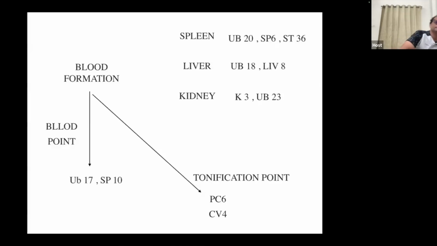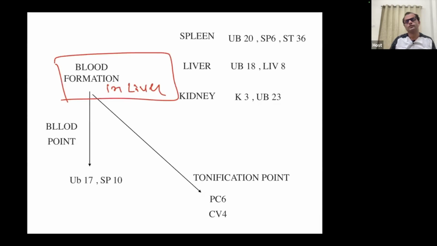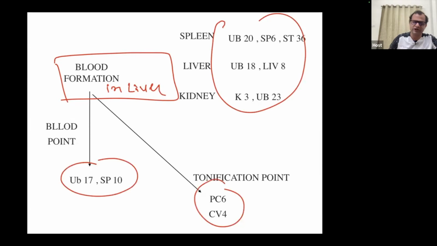Let's see here. So now we are doing the blood formation. अब हम blood का निर्माण कर रहे हैं. कहाँ पर? लिवर में. We are doing the blood formation in liver. So this is the treatment which is written here. This is the treatment for low menstrual bleeding or no bleeding, giddiness, vertigo.